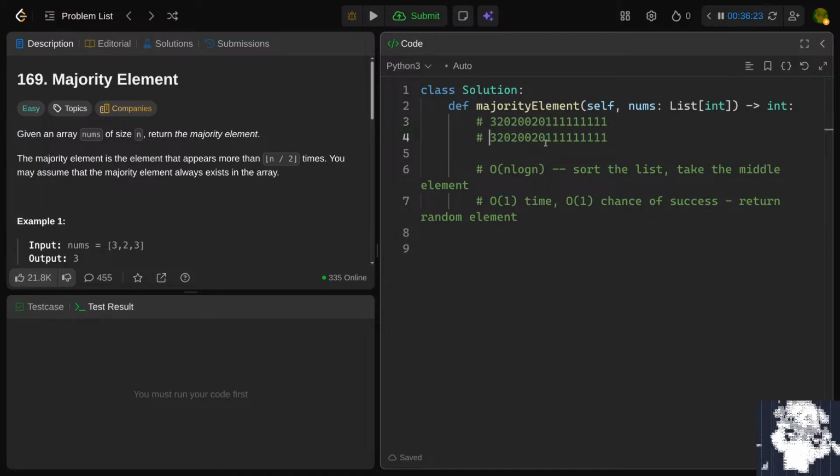Because you could have something like this: 1, 1, 1, 0, 0, 0, 0, 2, 2, 2, 2, and now we need the rest of the 1s. So by the time you get to the halfway point, you have not evicted the 1s yet, the majority element. I also didn't put any 3s.